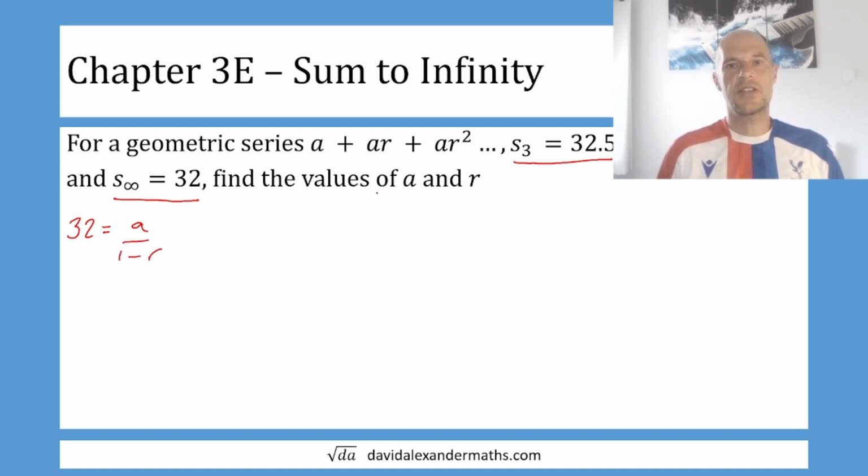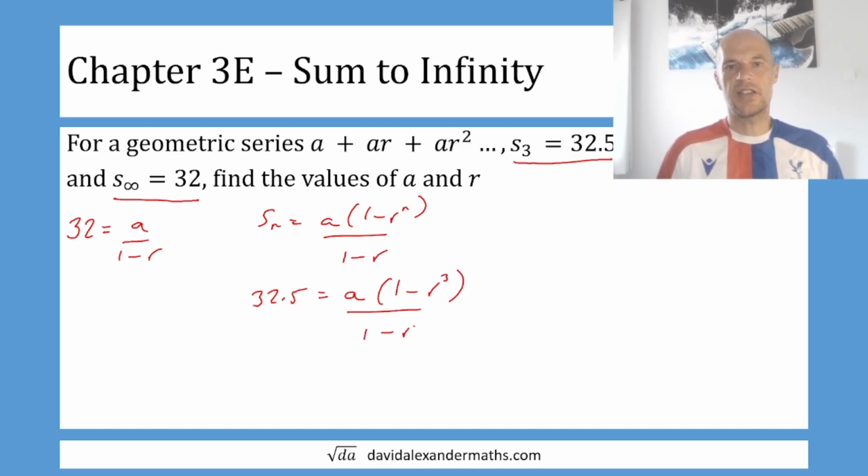Now the sum of the first 3 terms, well, the sum to the first n terms, Sn, is a lots of 1 minus r to the n over 1 take away r. So S3, that is going to be 32.5 is a, which we don't know, 1 minus r, which we don't know, but n is 3, over 1 minus r.